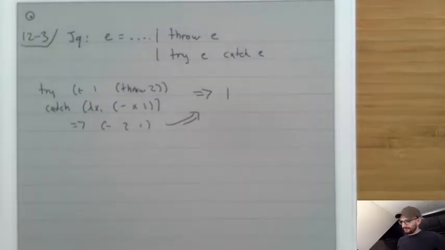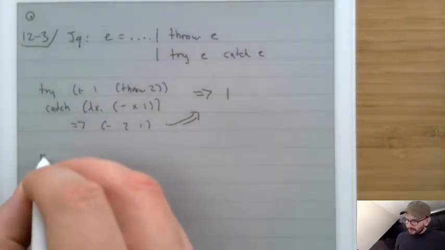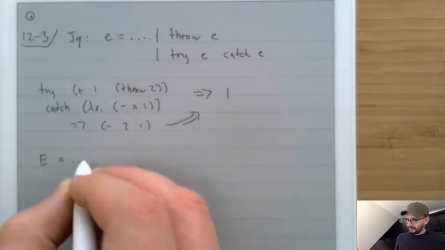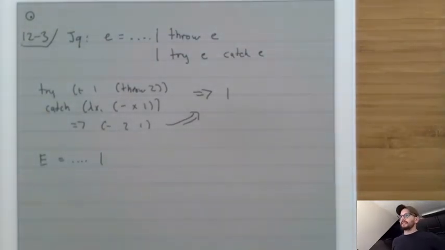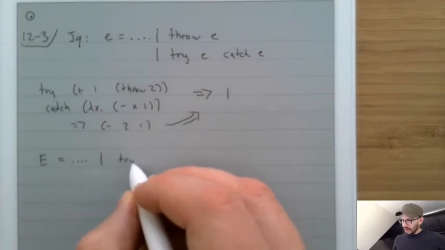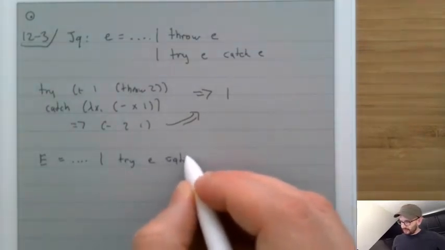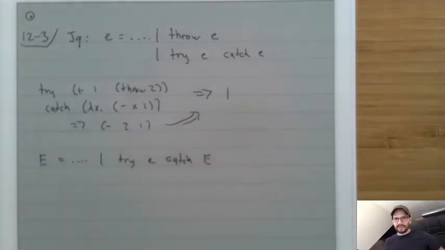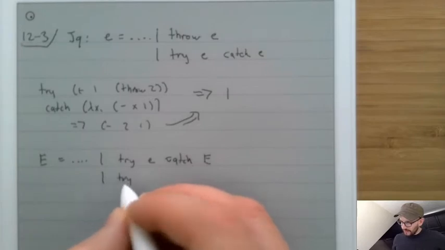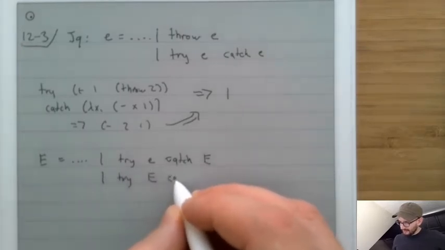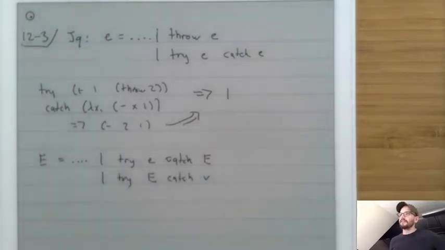Here's how it works. We update our evaluation contexts to have a new case that says try E, catch big E. We're going to evaluate the catch block first. Then it's going to say try big E, catch V. Okay, so we're going to evaluate the try block after. And then here are the rules.